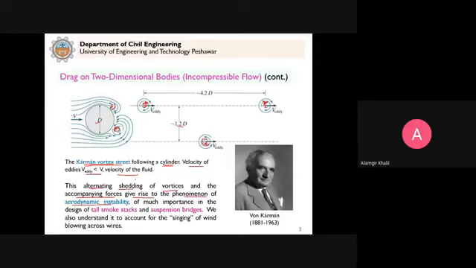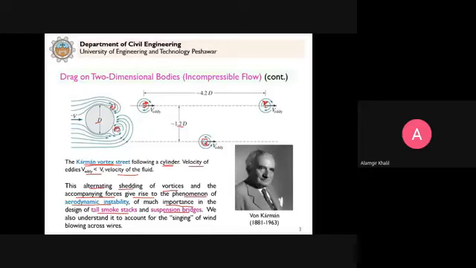And this phenomenon is very much of importance in the design of tall smokestacks. Tall smokestacks means, for example, the chimney, where we have a cylindrical structure and from the top you release the smoke. Like we have a chimney in our department also, you might have observed such structures. Tall smokestacks and suspension bridges, because in suspension bridges the wind flows past the components of the bridge.